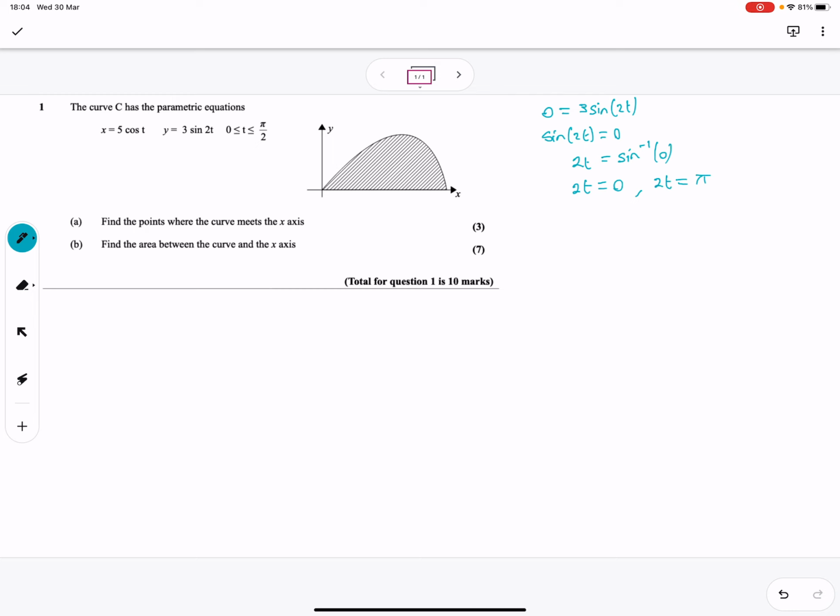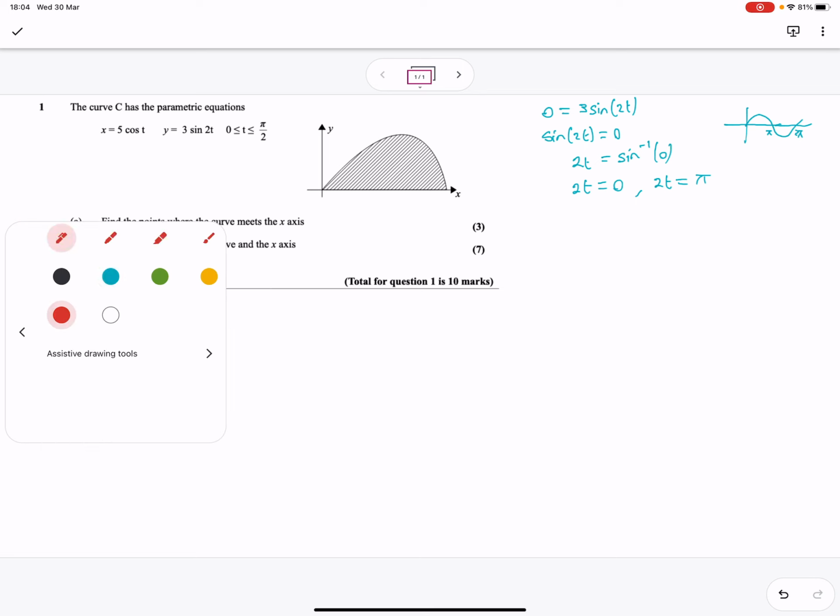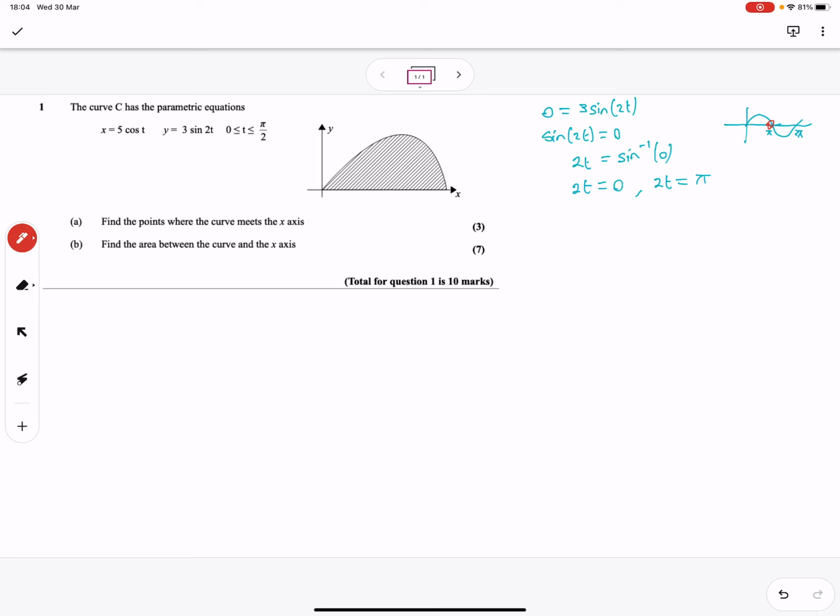And that's just using the fact that, if you use a little sine graph, you've got 0, pi, 2 pi. We can see it's 0 over here, and here, and here, but we don't want that value. So that means that t is equal to 0 or t is equal to pi over 2.